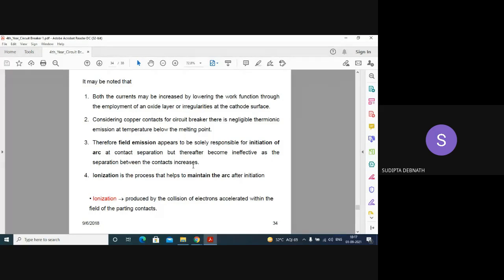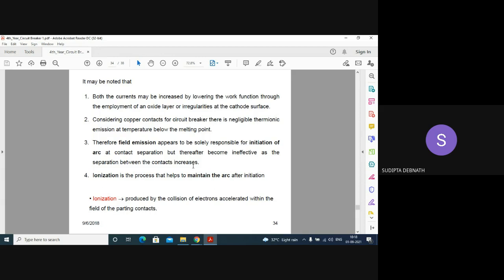Suppose you apply 30 kV in air between two conductors and you increase the length beyond 1 centimeter, then there will be no flashover or corona discharge. But when the separation is made below 1 centimeter, there will be breakdown of the dielectric strength of air. Similar is the case here. The voltage gradient is a major factor when the contact separation is low.